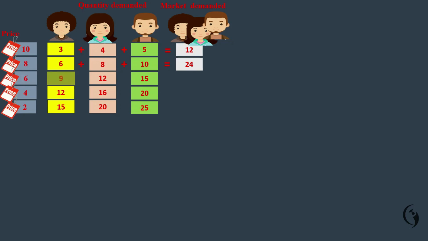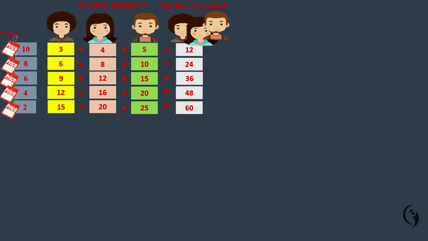At a price of 6, the market demand is 9 plus 12 plus 15, equal to 36. At 4, we can calculate like this, it is 48. At a price of 2, 15 plus 20 plus 25 is equal to 60. So it is the market demand schedule.